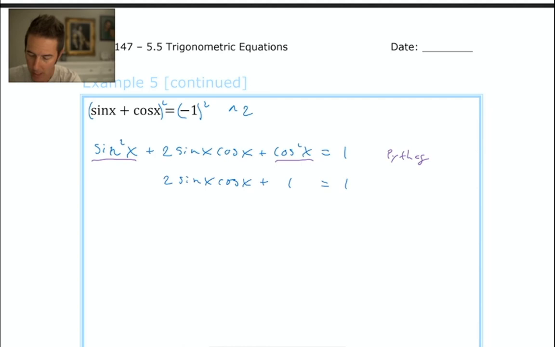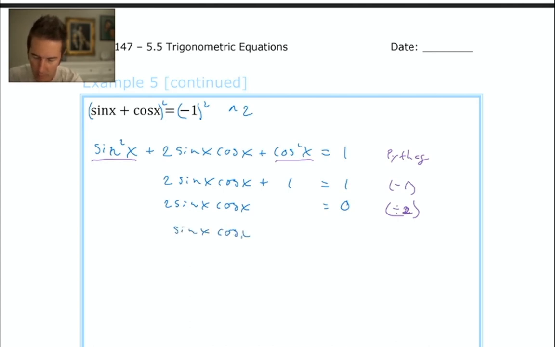And now I'm going to subtract 1 from both sides of my equation. 2 sine x cosine x equals 0. Then I'll divide both sides by 2. I don't know why I'm switching pen colors for my annotations, but I am, so I'm sticking to it. Divide both sides of your equation by 2.